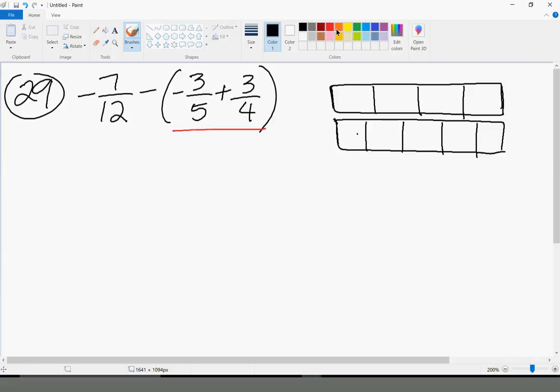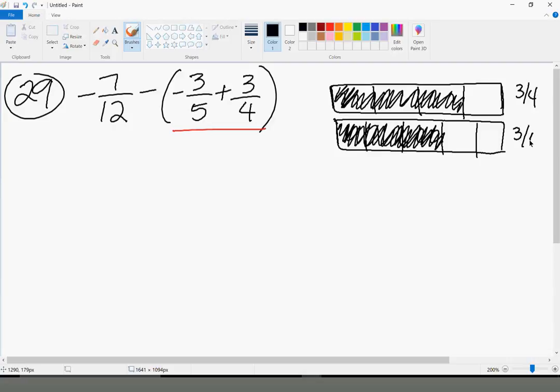So 3/4 would be these 3, and 3/5 will look like that.